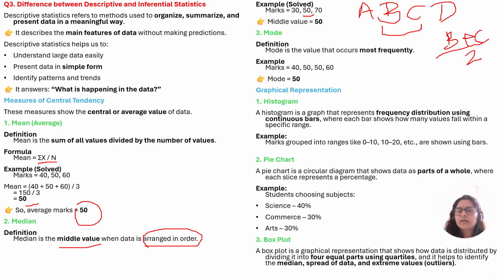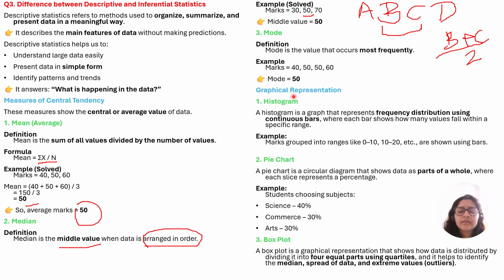This will be the median. So you take the average of these two values. That is the median for even numbers. For odd numbers, directly you will have a middle value that you can call the median. Mode is the value that occurs most frequently. In this example, 50 is occurring multiple times, so 50 will be the mode.